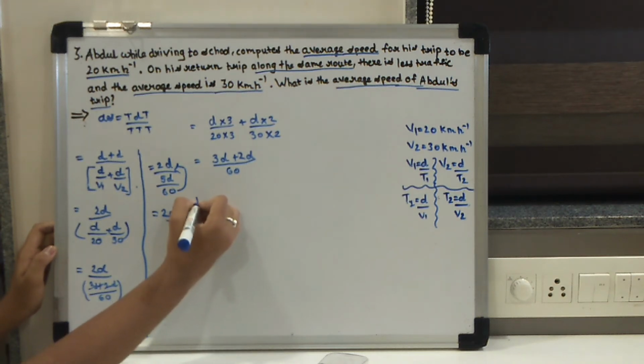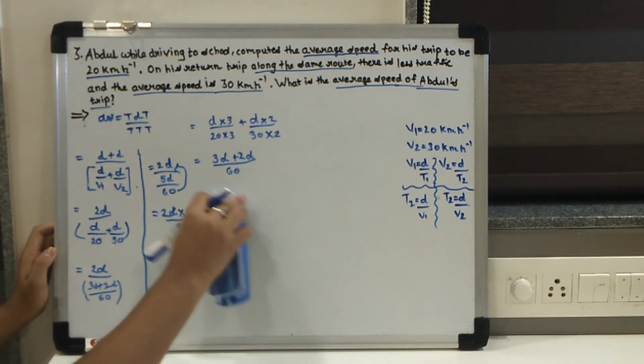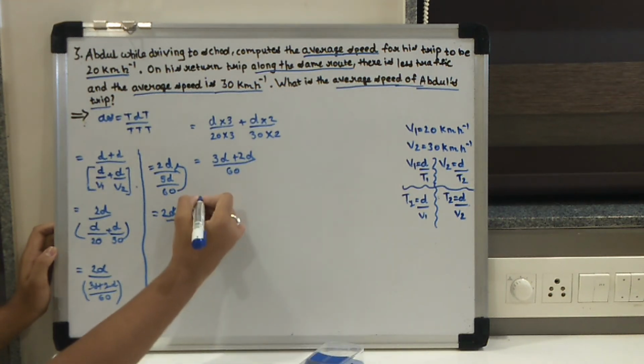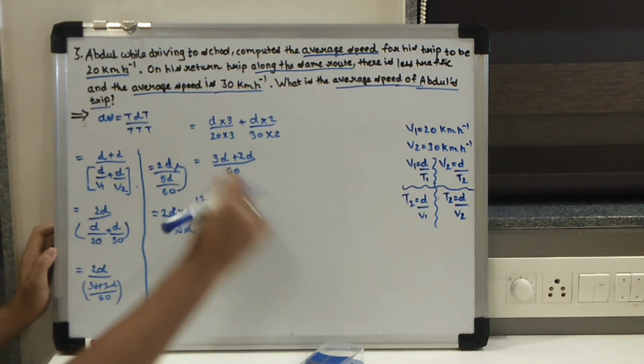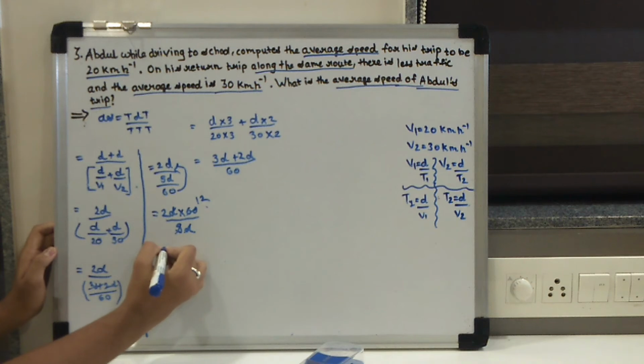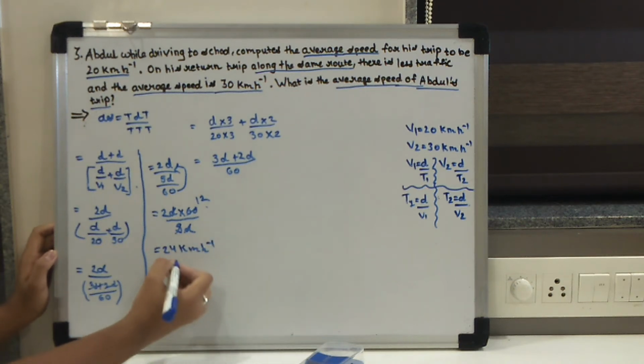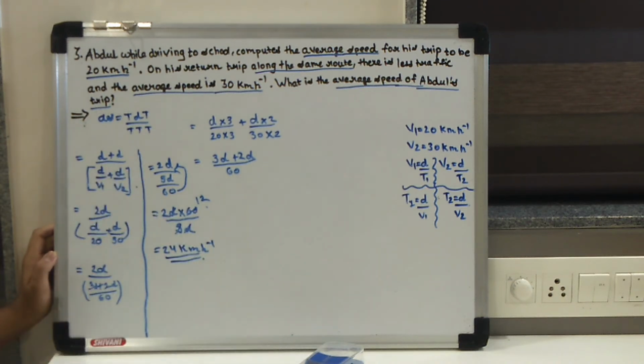It will be 12. So 12 into 2 will be 24 kilometer per hour. This is our final answer.